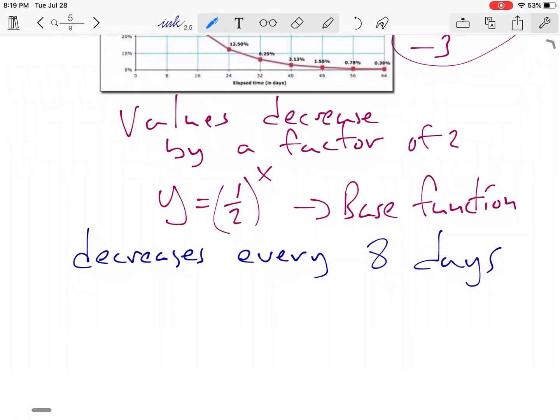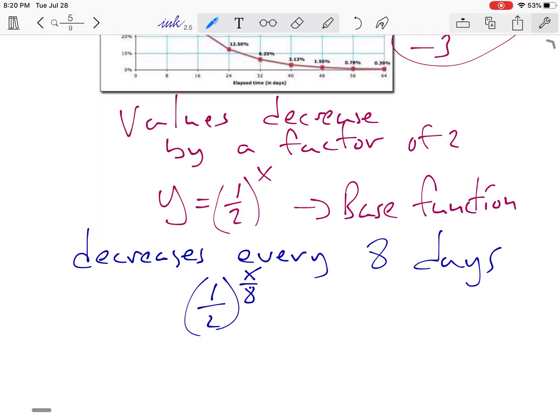So we can take that original base function and rewrite it as 1/2 to the power of x over 8. For example, if x is 16, then it'd be 16 divided by 8, which is 2, right? If x is 24, then it'd be 24 divided by 8, which is 3.